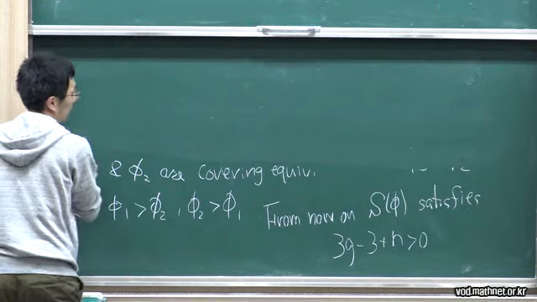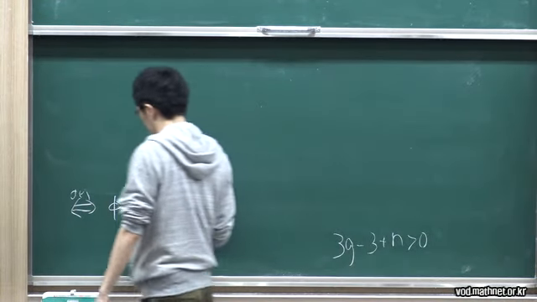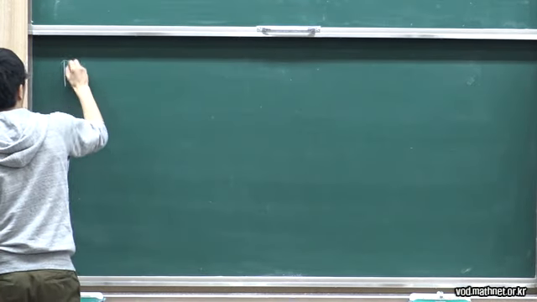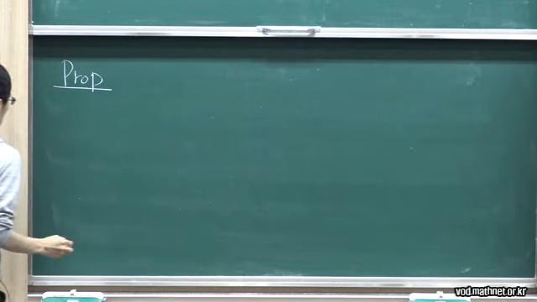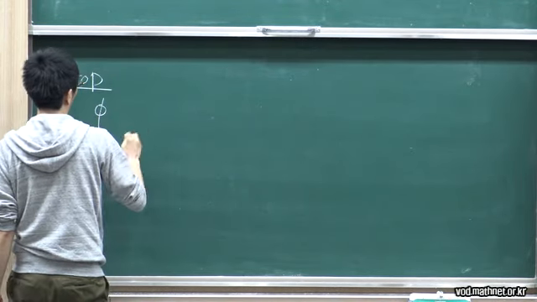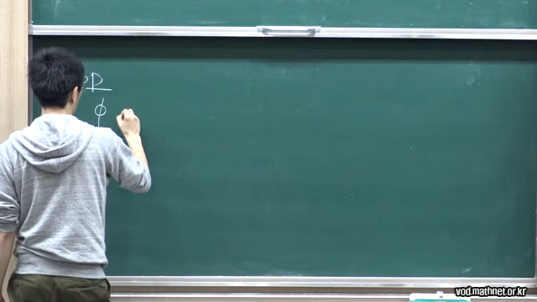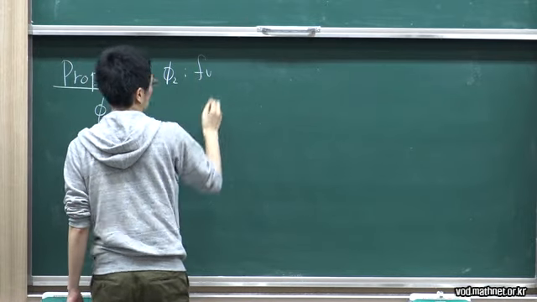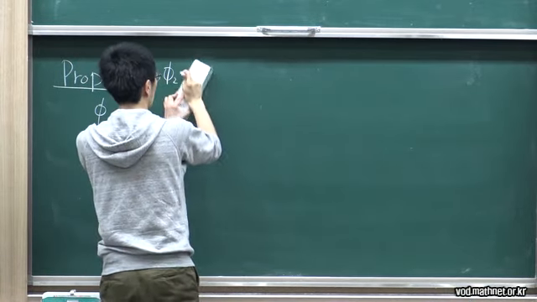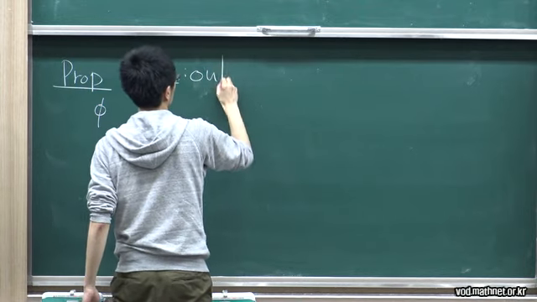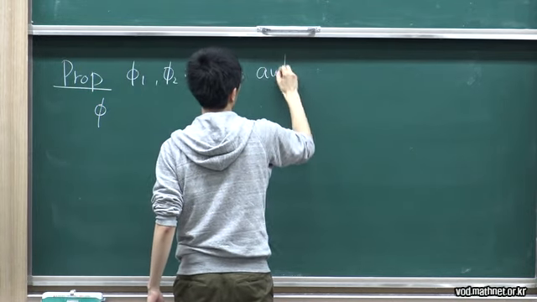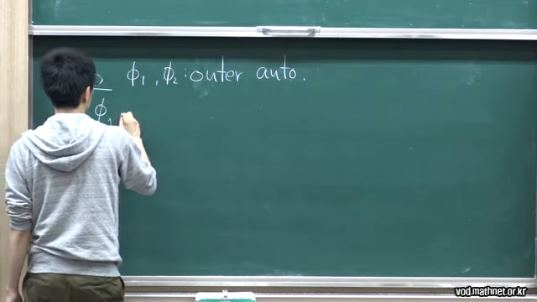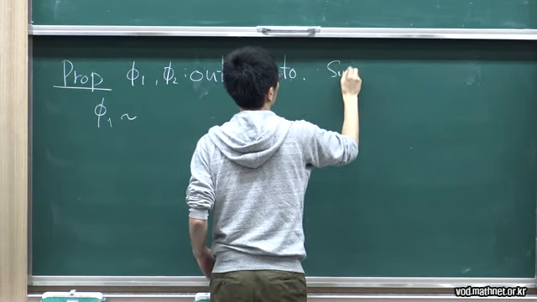The first thing I would like to mention, I'm not giving a proof, is the following. Let phi1 and phi2 be outer automorphisms, and suppose they are commensurable.